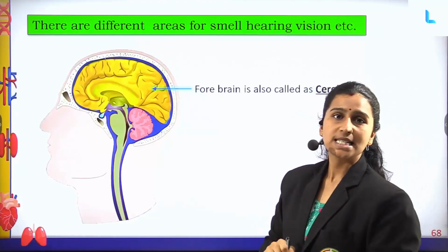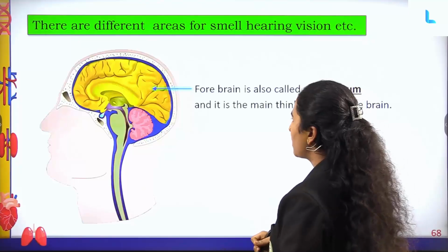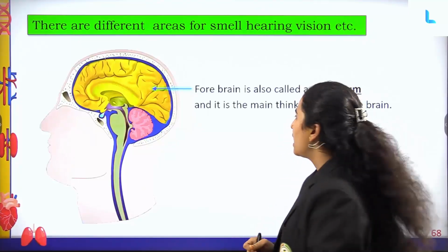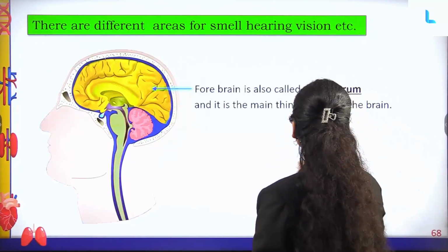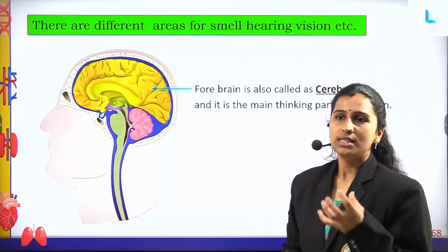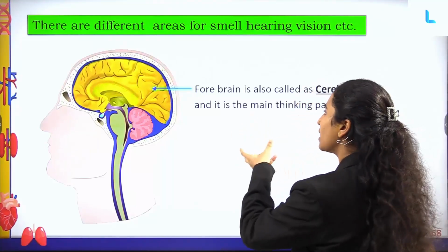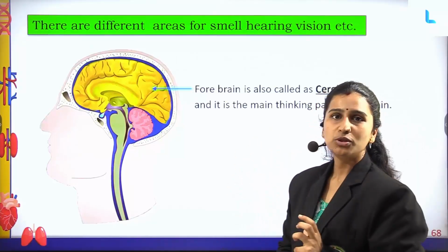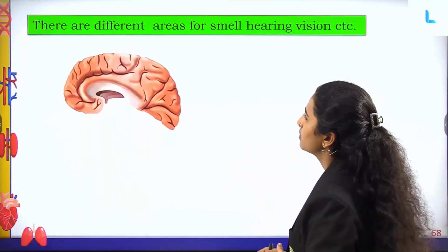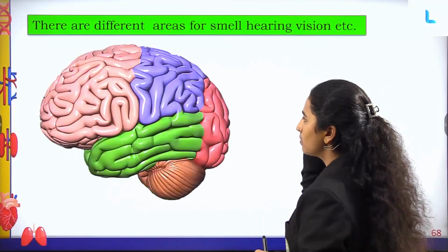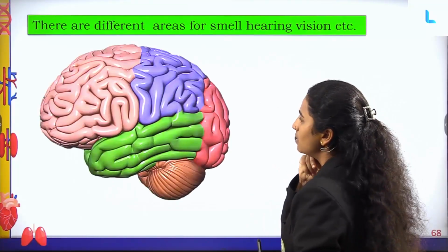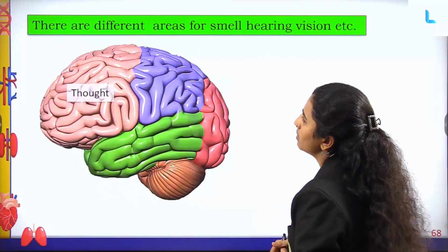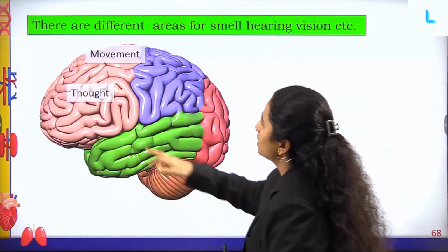It is also called the cerebrum. Remember, the forebrain is the cerebrum and it will help in thinking. So the cerebrum is the part where the brain acts as a thinking apparatus. For thinking, the cerebrum should function properly. This is how the cerebrum appears.